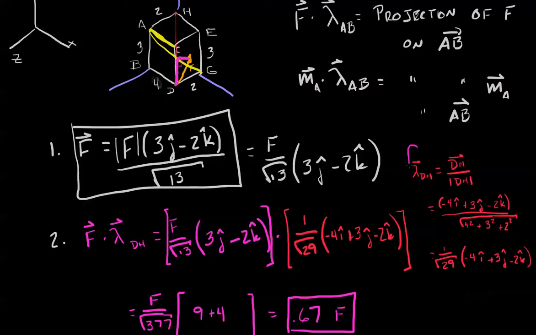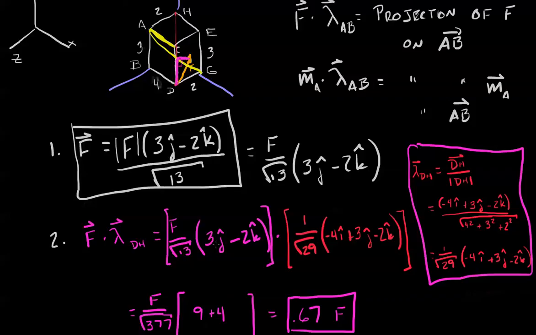Over here, I found what the unit vector was from D to H. You take the vector of D to H, divide by the magnitude of D to H. Should already have that covered. And once I've put that in as the unit vector, I simply take the dot product. There's no I in the first term, so the I drops out.